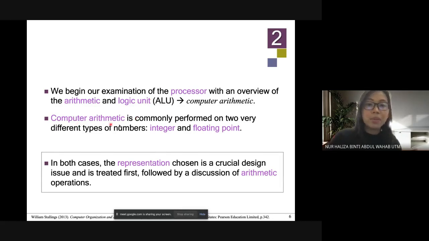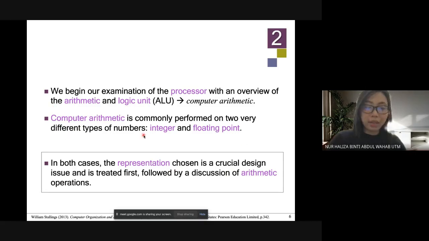Computer arithmetic is commonly performed on two very different types of numbers: integer and floating point. After this, you're going to look into the diagram dividing integer and floating point. In both cases, the representation chosen is crucial, along with design issues and so on.